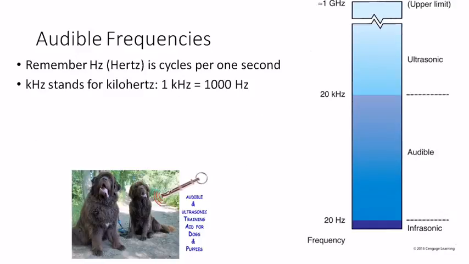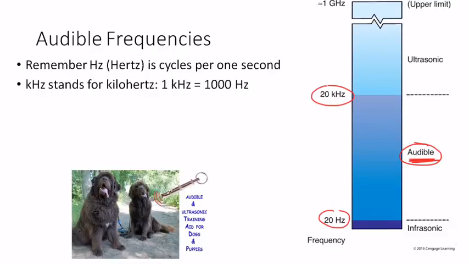what's going on with regard to us being able to hear that disturbance in the air. Well, if it's between 20 hertz and 20 kilohertz, in general, people can hear that. Now, our hearing does change as we age. I'm just warning you.